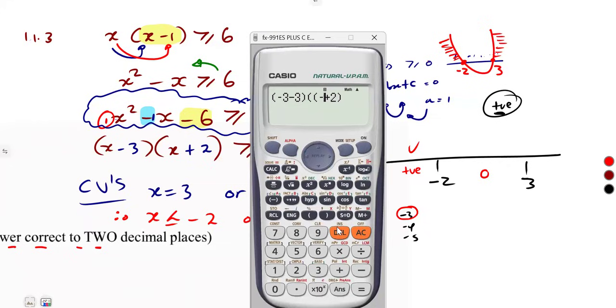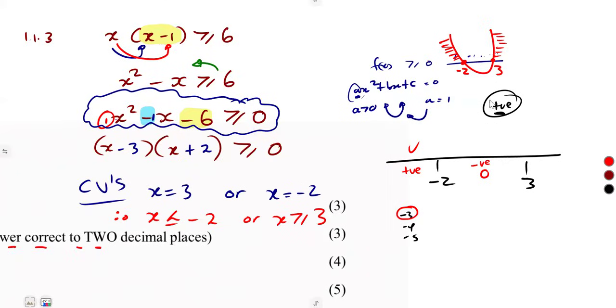That gives us -6. We are obtaining a negative value, which is not what we want. We need a positive. So this region is out. From 3 going to the right, these values are greater than 3.